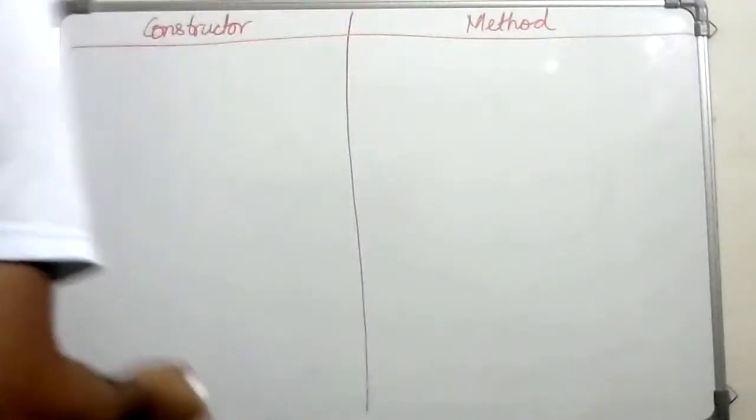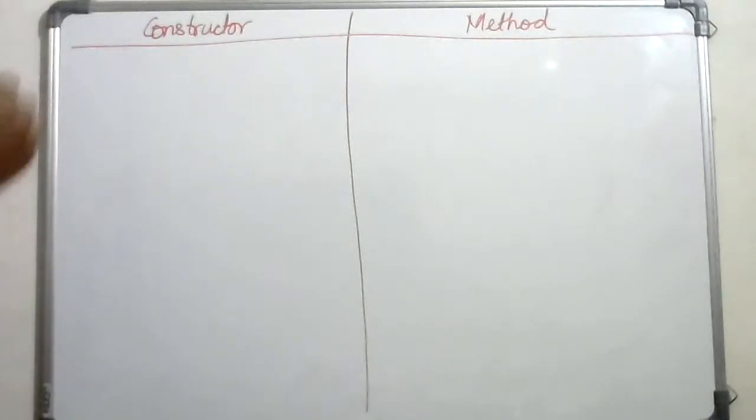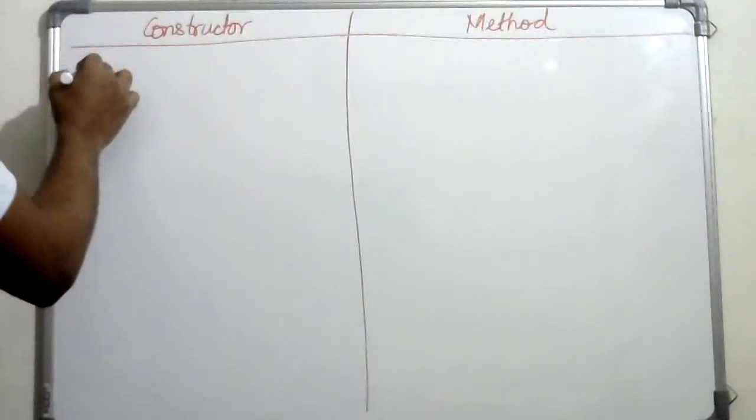So what are the differences? We're just making a quick summary of the differences and then we'll end our class here. So what are the differences? A constructor is used to initialize the state of an object, as you know.